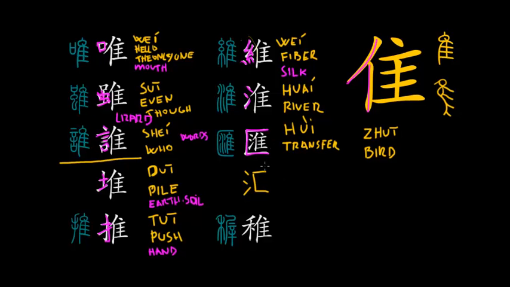This element is basically an enclosure, a place where you can store things, and I believe that one of the meanings of Hui, of this character, is also to store things in one place. So very probably the reason for the presence of this element in this particular character is that the original meaning was to store, and then Huai was the phonetic element in it.